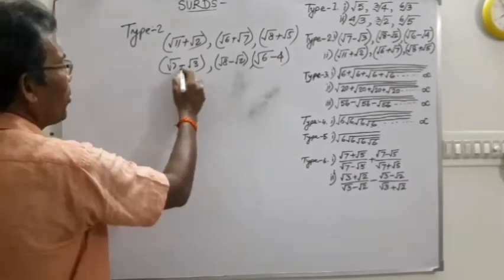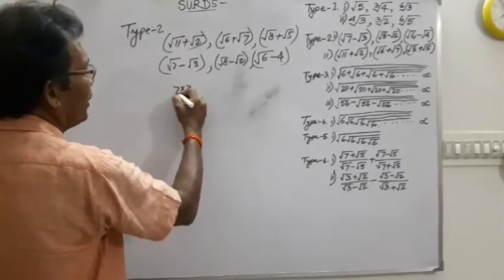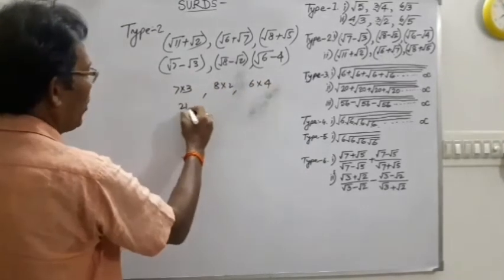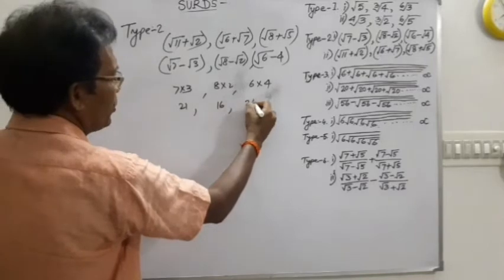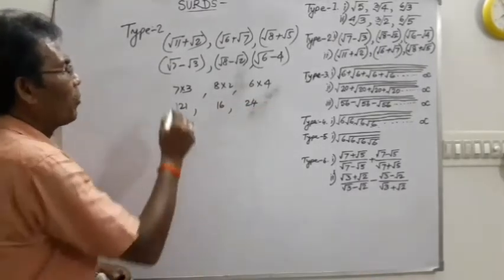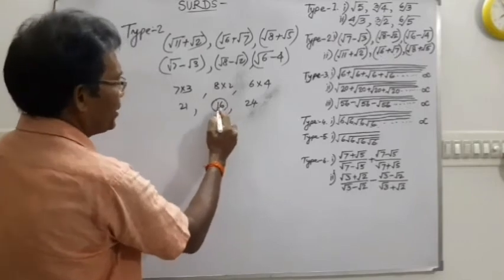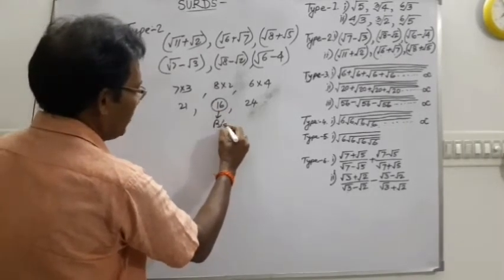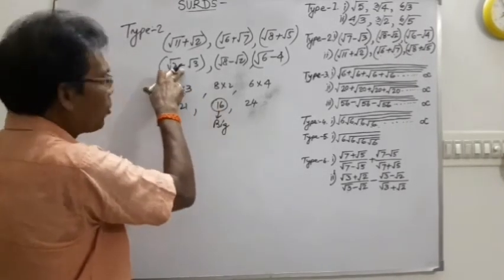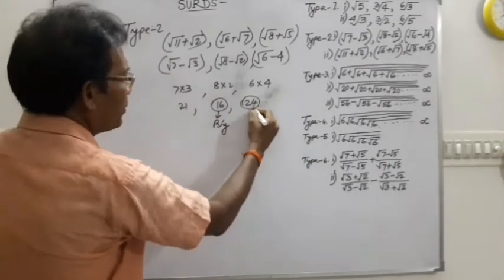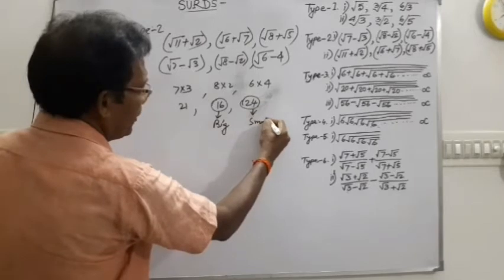So in this case, for minus, 7 into 3, 8 into 2, and 6 into 4, that is 21, 16, and 24. In this case, for minus, the smaller amount will be the bigger figure, and the bigger amount will be the smaller.